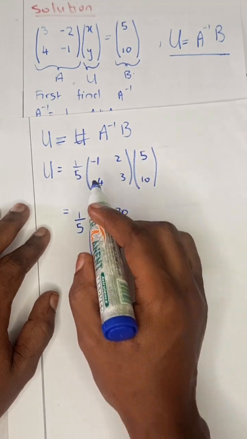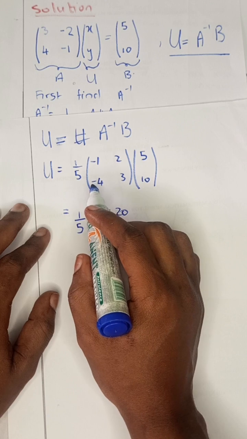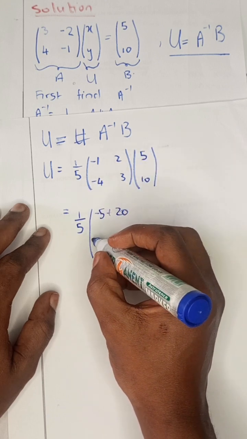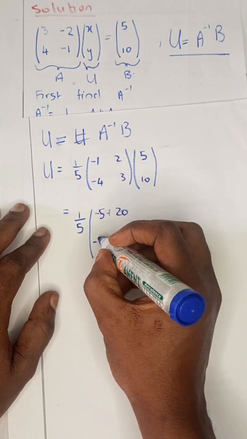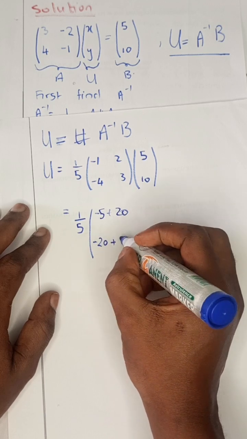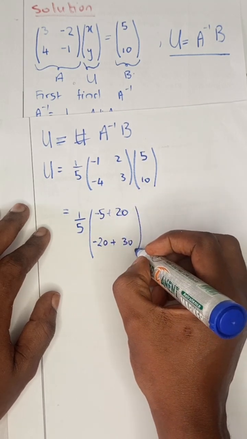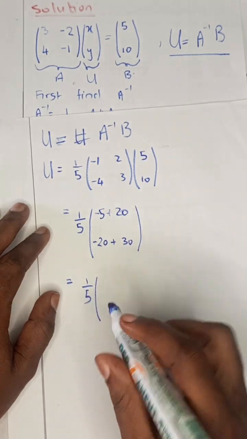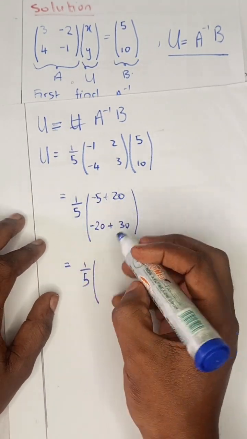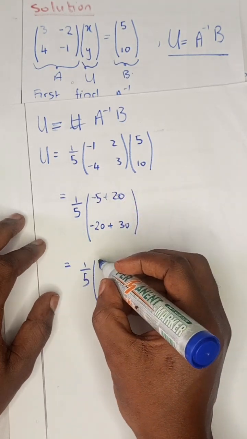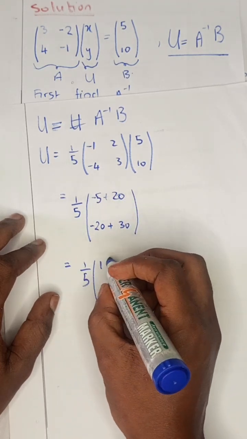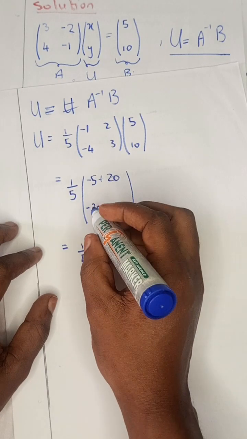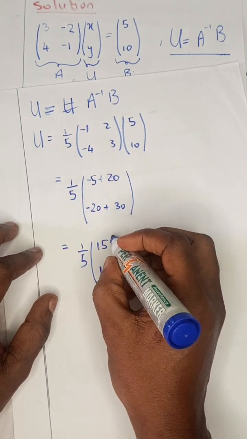We go to the next row, that's -4 times 5, that's -20 plus 30. And that gives us, again, we bring down our factor. -5 plus 20 gives us 15. And -20 plus 30 gives us 10.